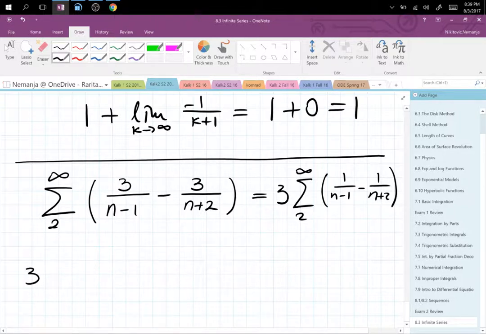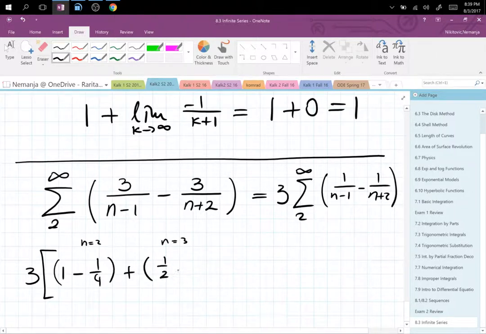We have 3 times, and now a whole bunch of parentheses. The first term is n equals 2. So when you plug in n equals 2, you get 1 minus 1/4. Next term is n is 3. You have 1/2 minus 1/5.